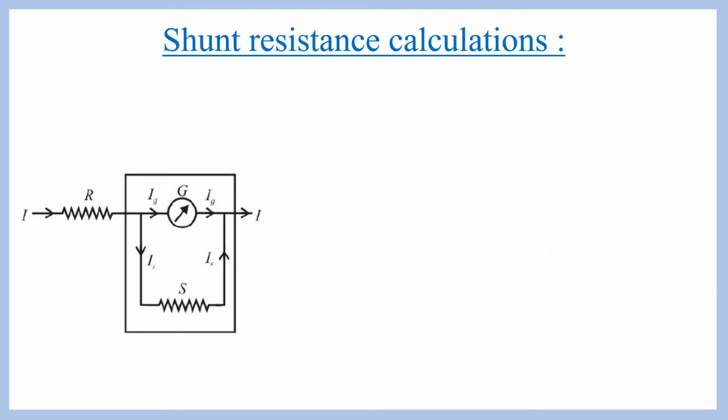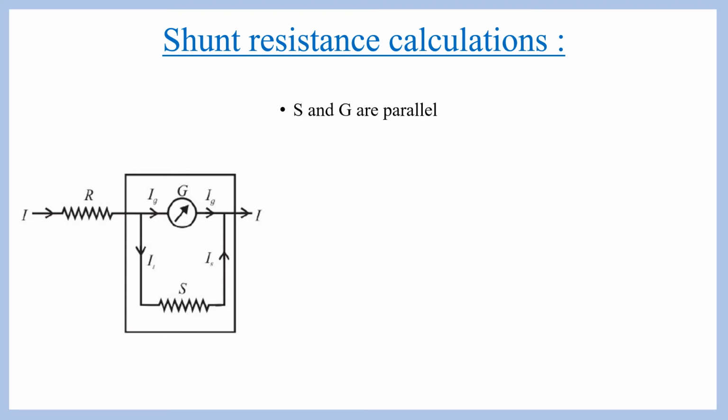Now we will see how the shunt resistance calculations are done, or we want to find out what shunt has to be connected so that the galvanometer range can be increased to a particular value, or it has to be protected from damages, and this can be understood in the following discussions.